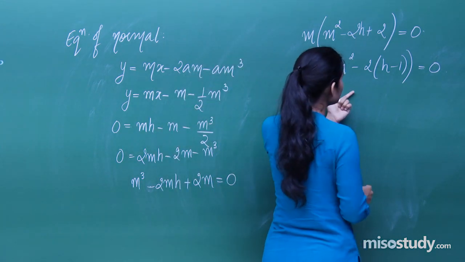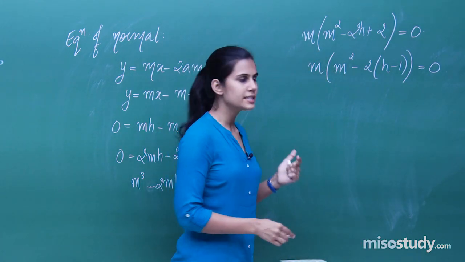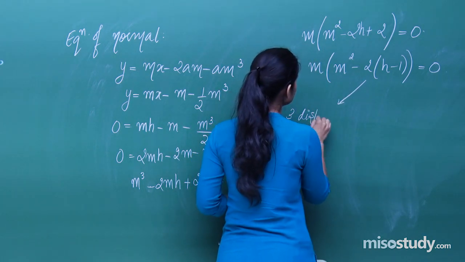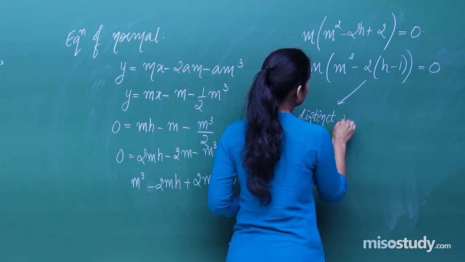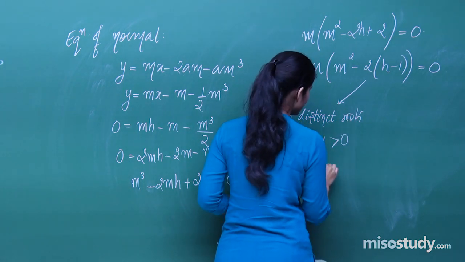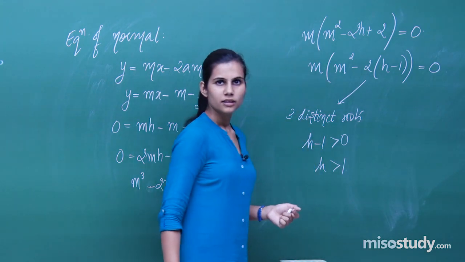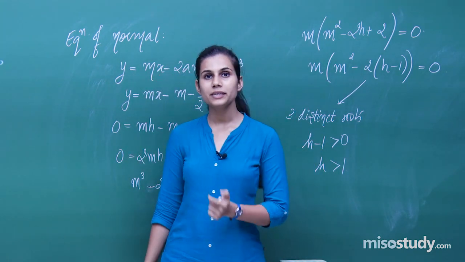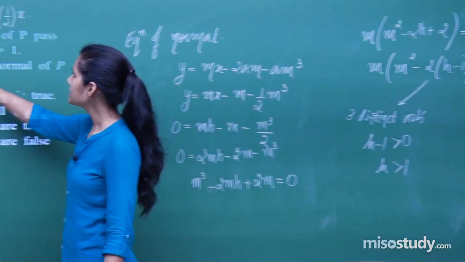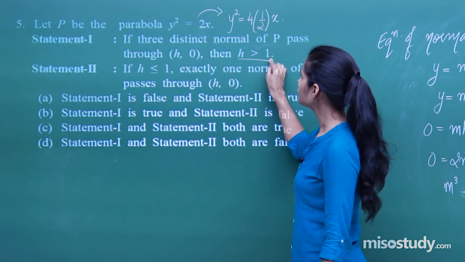Now for this particular equation to have three distinct real roots, obviously h minus 1 has to be positive, that is h has to be greater than 1, and this has 3 distinct roots, means there are 3 distinct slopes of which normals are occurring. So I can say yes, 3 distinct normals are going to occur when h is greater than 1.